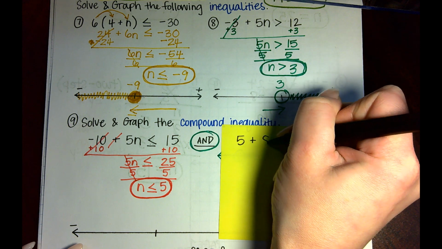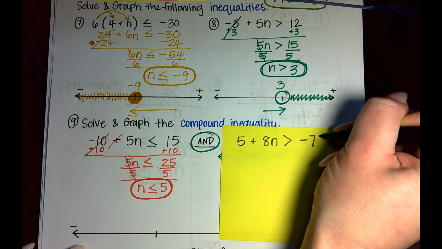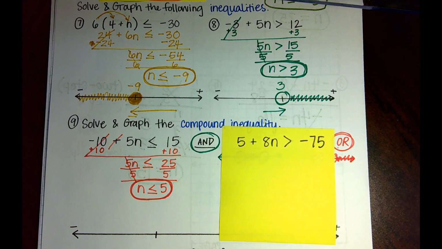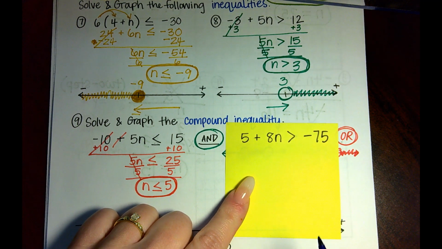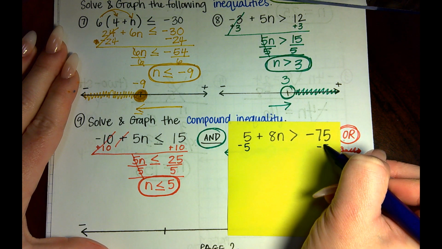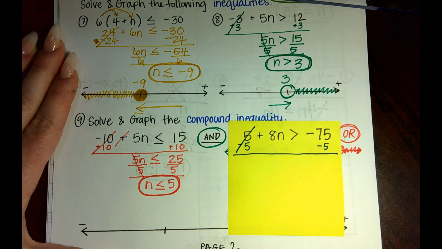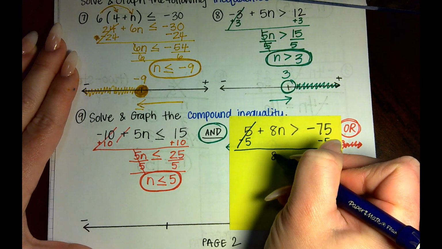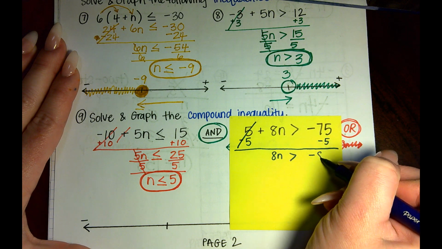5 plus 8n is greater than negative 75. Let's look at this one now. What should I do first? Let's subtract 5. 8n is greater than negative 80.